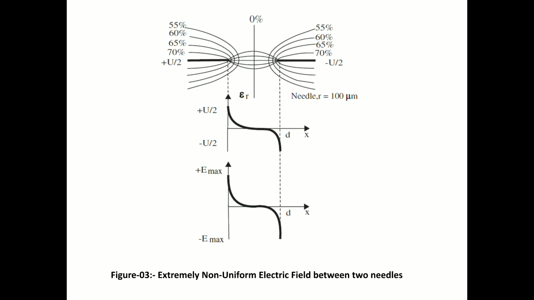Here we have the distribution of electric field between two electrodes of needle shape, that means needle-needle combination. From this diagram it is very clear that they are not making any perfect square in the region of consideration, and as the distribution is not uniform with respect to potential, E is again non-linear in nature. So this is the example for extremely non-uniform electric field.